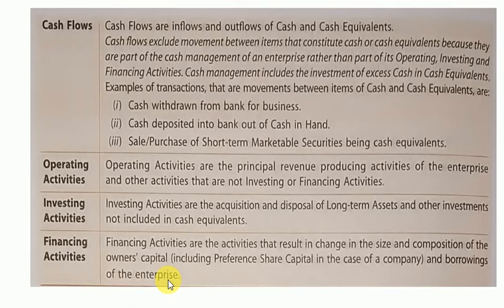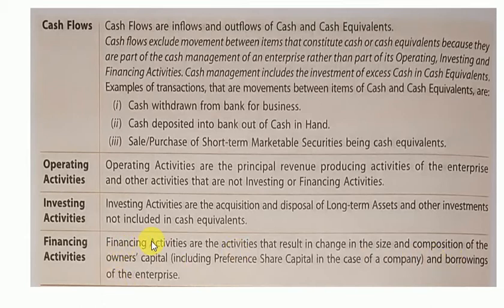So equity means owner's capital. So whenever there's a change in equity, that means equity share capital or preference share capital, that has to be treated under financing activities. Similarly, any change in the borrowings. Borrowings means long-term borrowings, debentures, long-term loans taken from banks and financial institutions. So whenever it is a part of a question, it has to be treated under financing activity.